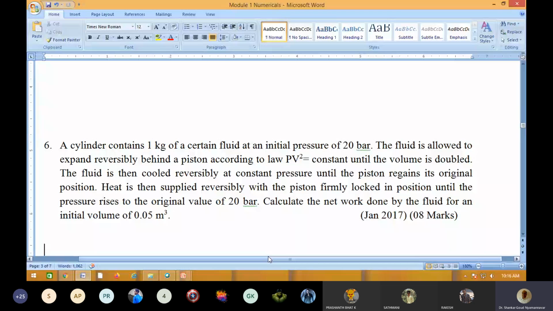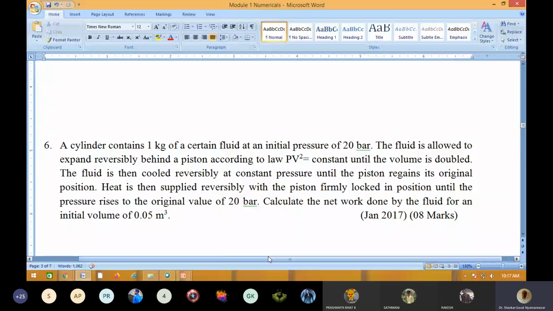During the expansion process, volume increases and pressure decreases. There is an inverse relation. They are related by PV square equal to constant. If you simplify this, P is equal to constant divided by V square. So this is an inverse relation, right? When V increases, P decreases until the volume is doubled.